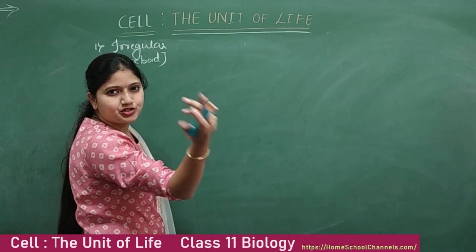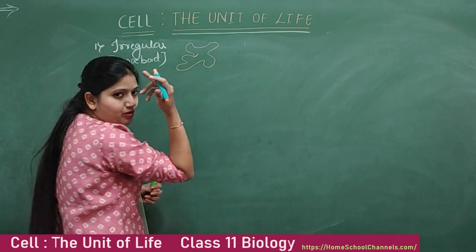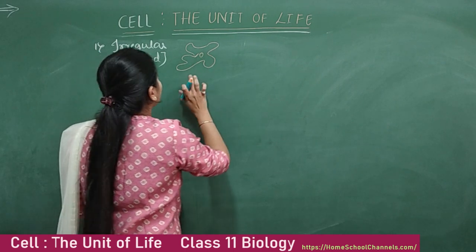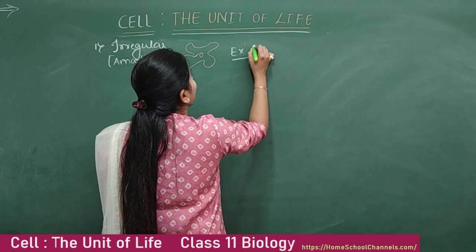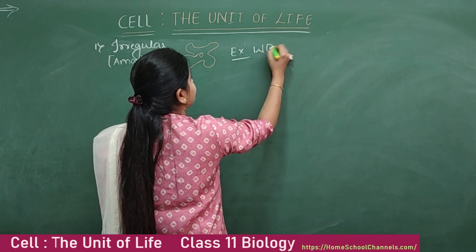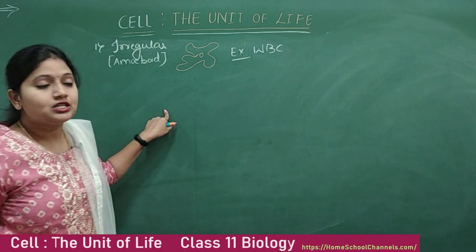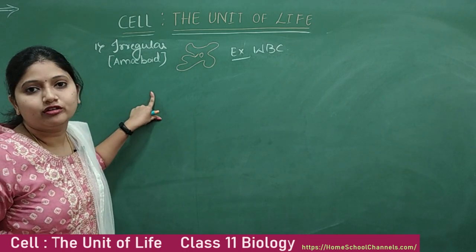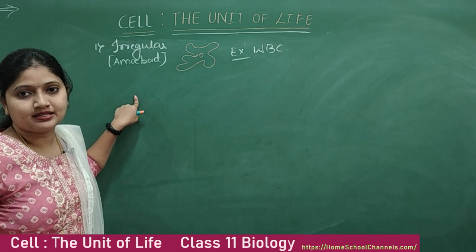So what is the shape of the amoeba? It is totally irregular. You cannot predict what is the shape of the amoeba, isn't it? So the example for this is WBC, white blood cells or white blood corpuscles. So these are examples of the irregular or amoeboid shaped cells.